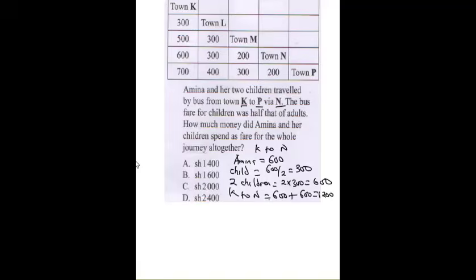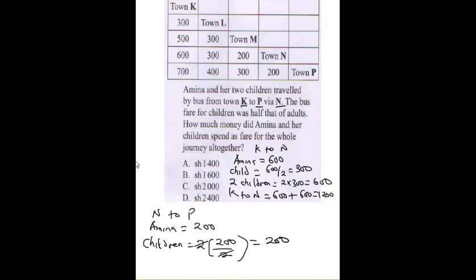1,200. Okay, so from N to P, Amina spent 200. Then her children, since they are 2, remember it's going to be 2 times the half of 200, that's 200 over 2. So 2 is going to cancel out 2, which will be what? 200. So from N to P, they spent 200 plus 200, which is what? 400.